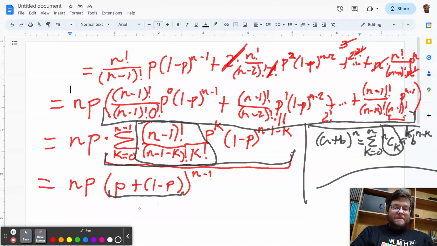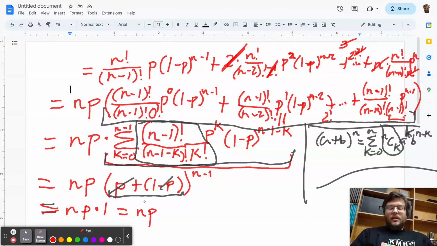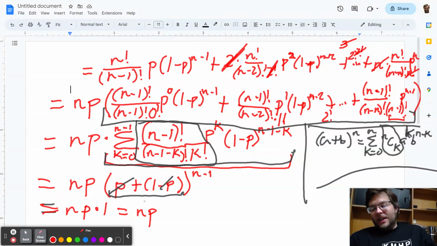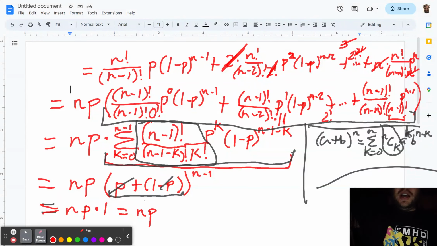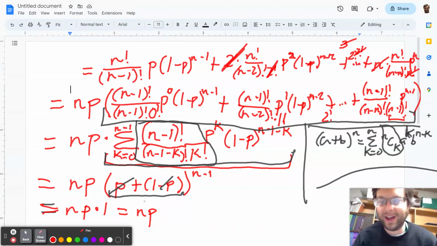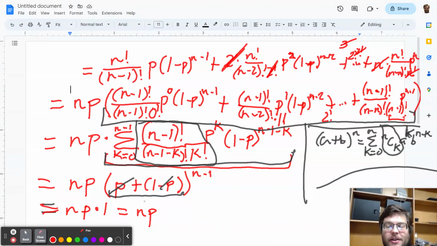So we're almost done. P plus (1 minus p) is actually just 1. And 1 raised to the n minus 1 power is just equal to 1. So it turns out to be proved that our expected value is just np, which is what I said was the intuitive value of the expression.